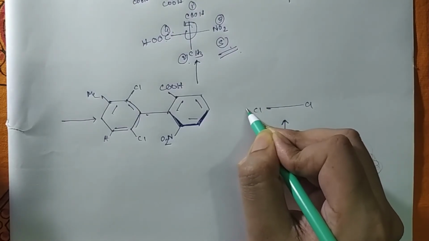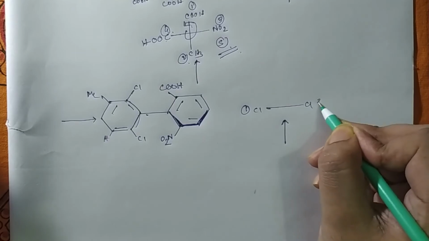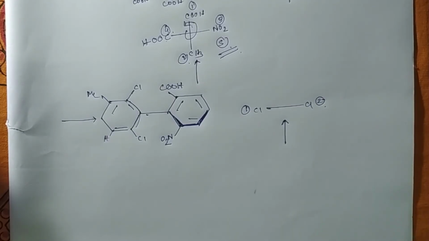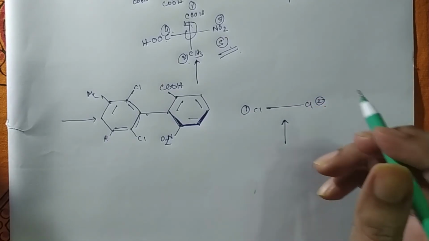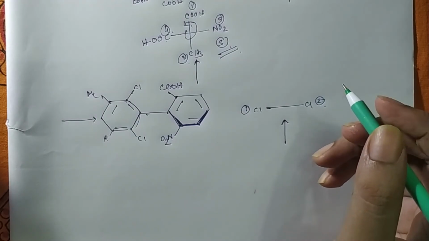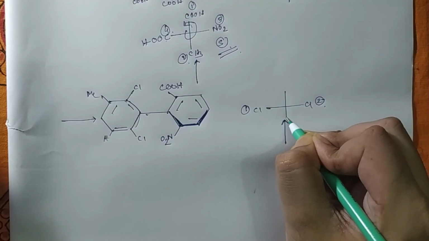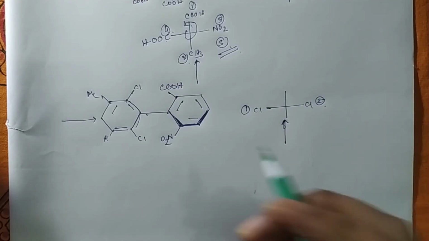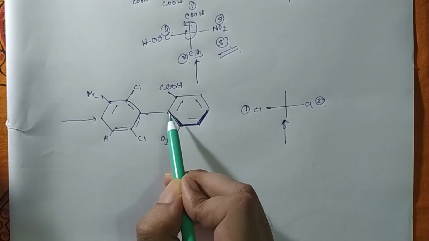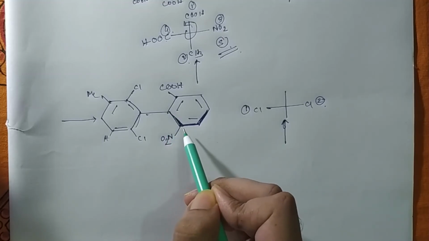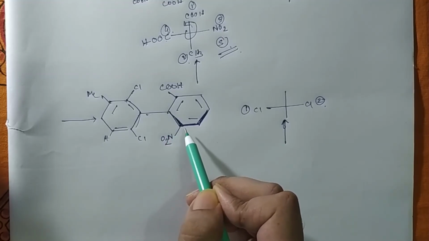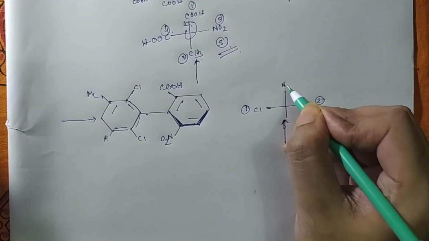So let's put the priority first. This is 1, this is 2, because both are chlorine and we may get confused later. After that, let's take the vertical arrow. If we come to this carbon, you know that this nitro is above the plane, so let's put it at the up position.